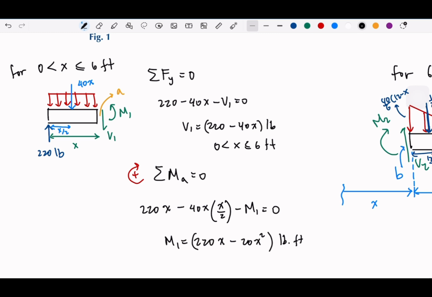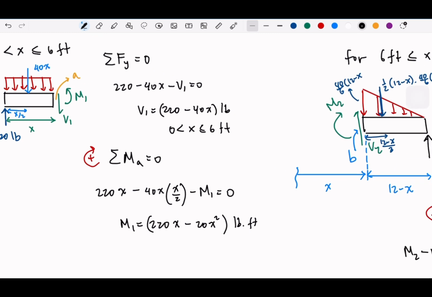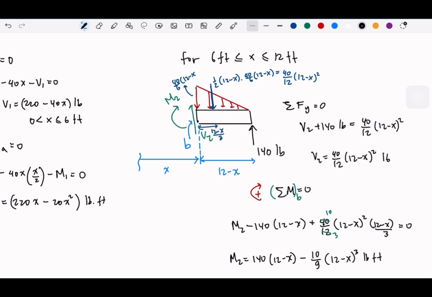If you have a triangle, the shear force starts from quadratic, and then the moment is cubic. The moment will be the integration of the shear force, so when we take the integration, we get the cubic.